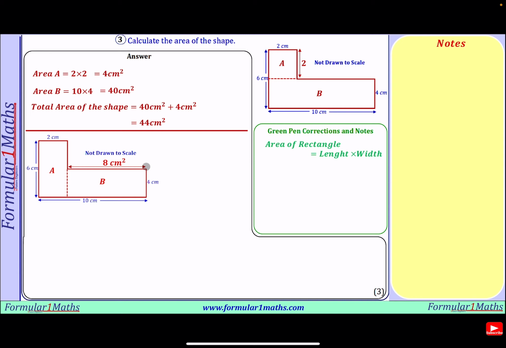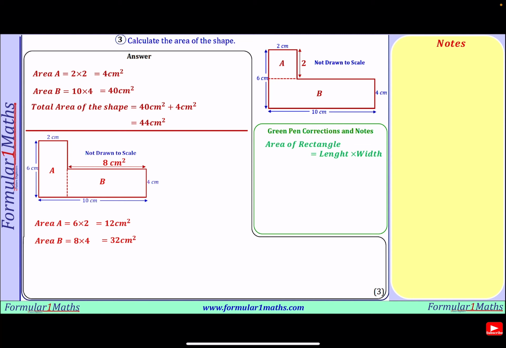We can now find the respective areas. So for area A, that's going to be 6 times 2, which gives 12 centimeters squared. And for area B, that will be 8 times 4, which gives 32 centimeters squared.